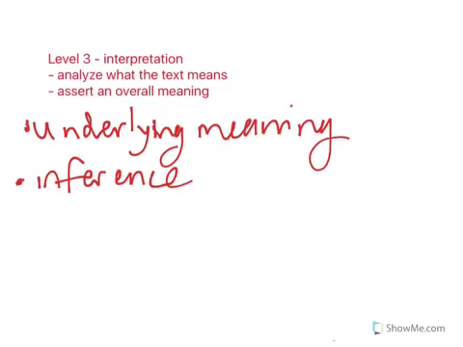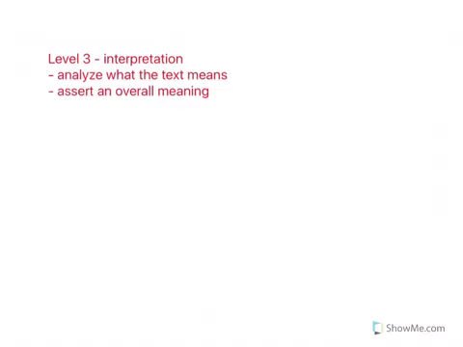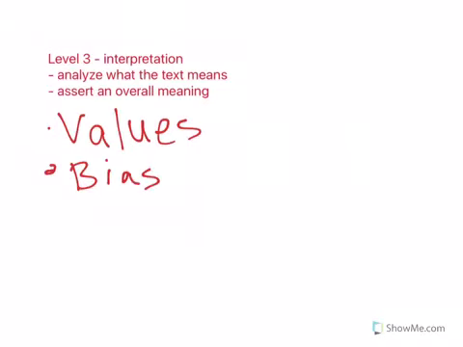Areas that you can make an inference about are going to be things concerning perhaps the values, what values are being promoted, or if you can identify any bias you can infer from the text, or perhaps some grand lesson.